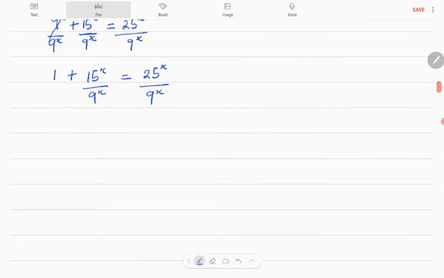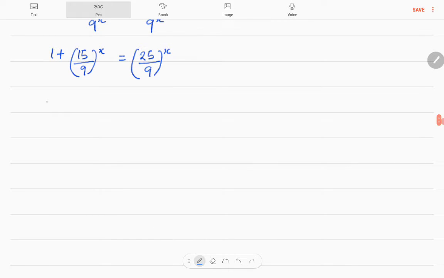And from here we have x as the power of 15, and also x as the power of 9, so we can bring it out. To have 1 plus 15 divided by 9 to the power of x is equal to the same thing here. We'll have 25 divided by 9 to the power of x.